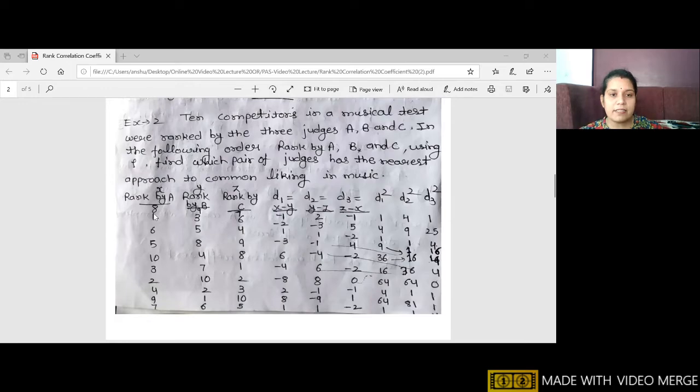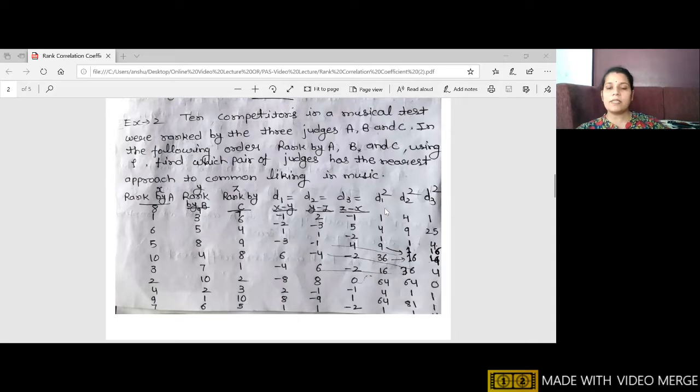So 7 minus 8 is minus 1, 6 minus 1 is 5, 4 minus 6 is minus 2, 9 minus 5 is 4, 8 minus 10 is minus 2, 1 minus 3 is minus 2, 2 minus 2 is 0, 3 minus 4 is minus 1, 10 minus 9 is 1, and 5 minus 7 is minus 2. So here we get the values of D1, D2 and D3.